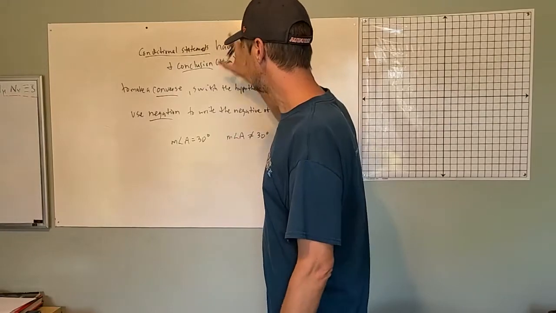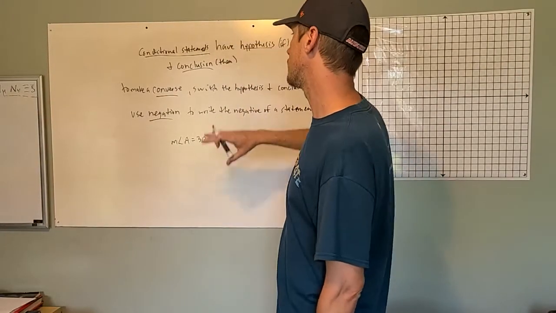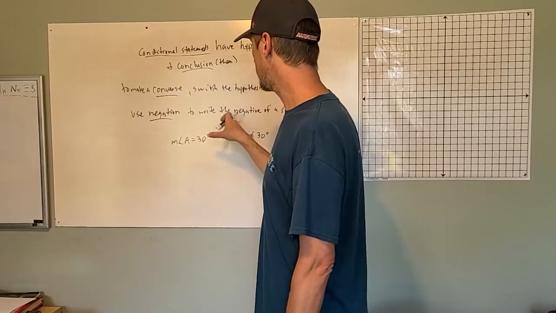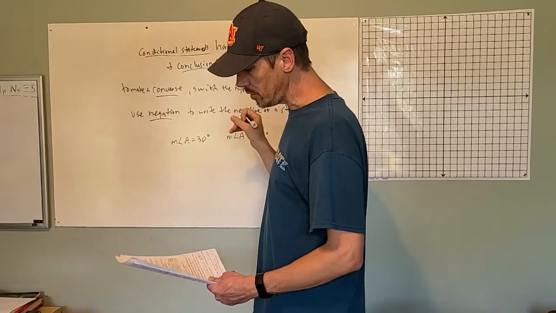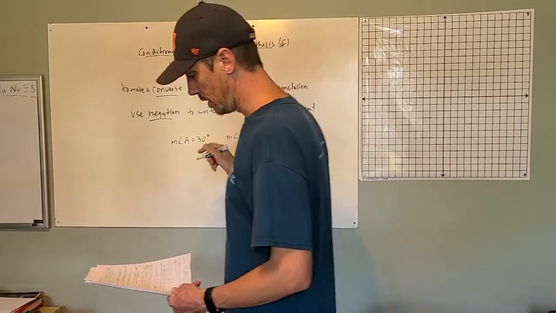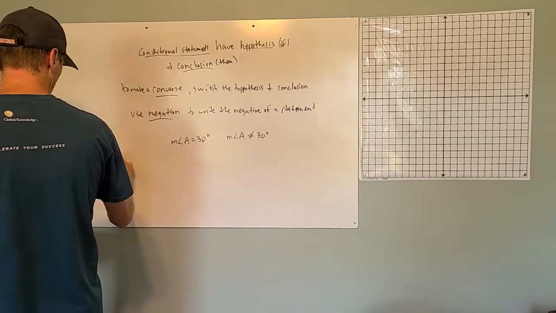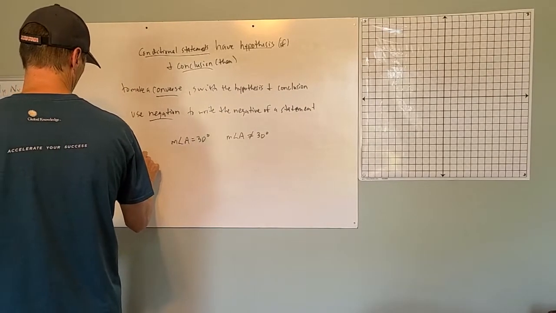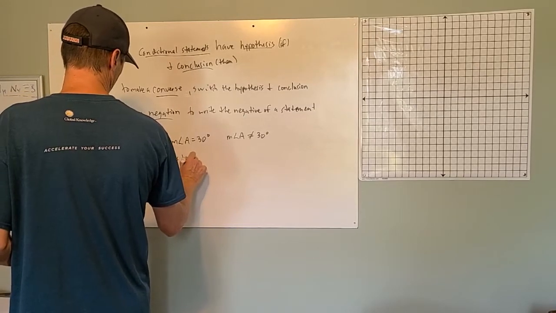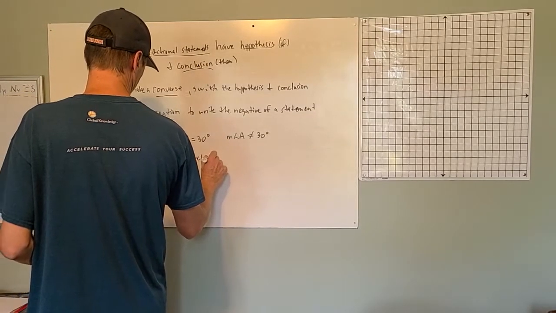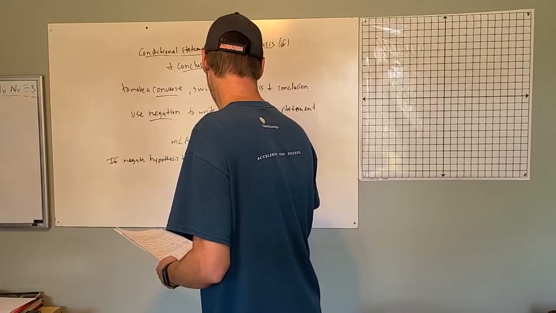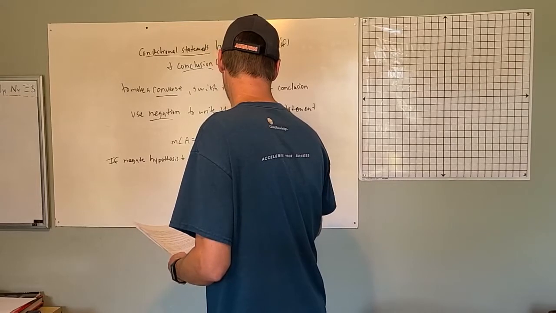So we're going to do some examples in just a second. I'm just going to throw a bunch of definitions on the board and then we'll walk through some examples. Why did I talk about negation? Because you can do this thing where you negate a hypothesis and a conclusion. If you negate the hypothesis and conclusion, you get what we call the inverse.